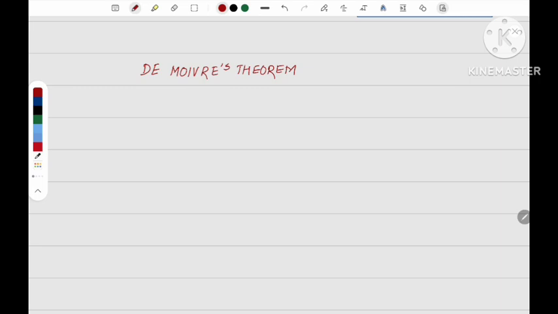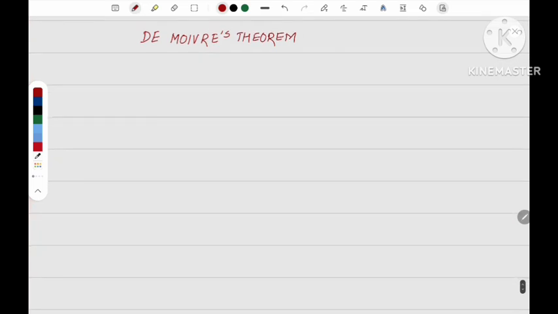We can apply De Moivre's theorem in any form of complex numbers, and we will see how. But this is very important, just concentrate on this. We will not go to the proof of De Moivre's theorem, rather I'll tell you what it is, and then we will move to the application of De Moivre's theorem. How do we apply De Moivre's theorem in solving problems in complex numbers?